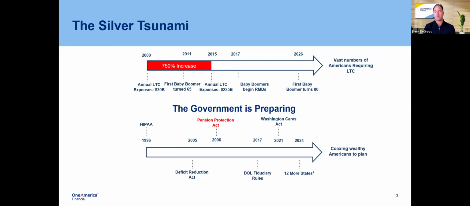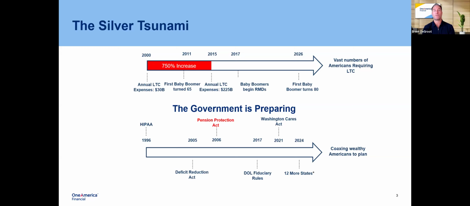There are the fiduciary rules, there was the Washington CARES Act, and 12 more states looking at some of this. But all of this is really the government trying to plan and prepare for this silver tsunami that's coming. So really, working with our clients, if we look at our client book overall, they're planners, right?